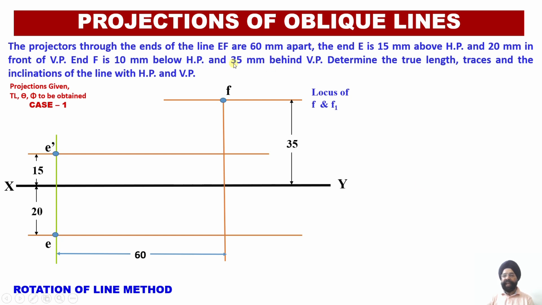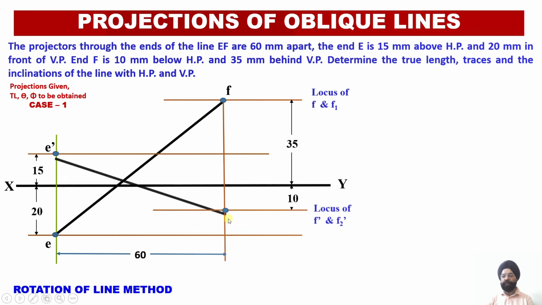Similarly, point F is 35 mm behind VP. So 35 mm behind VP will mean that it will lie above the XY line. So please make sure once you mark these points E dash, F dash, E and F, many students make the mistake that they join these 2 points and write F dash and F over here. No, point F lies in third quadrant. So whatever is the distance below HP will give you your front view, that is F dash. Whatever is the distance behind VP, it will be drawn above the XY line because the point happens to lie in quadrant number 3.